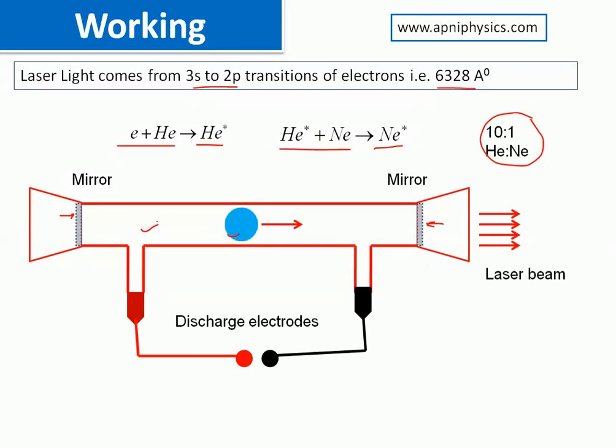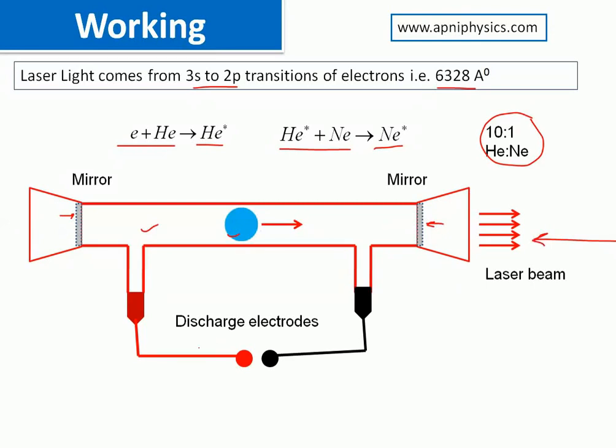When the neon atom comes to the ground state, it emits a photon, and that photon runs parallel to the axis of the glass tube. As a result of multiple reflections, when the cavity is filled up, the photons come out from this tube, and as a result you observe this laser light.